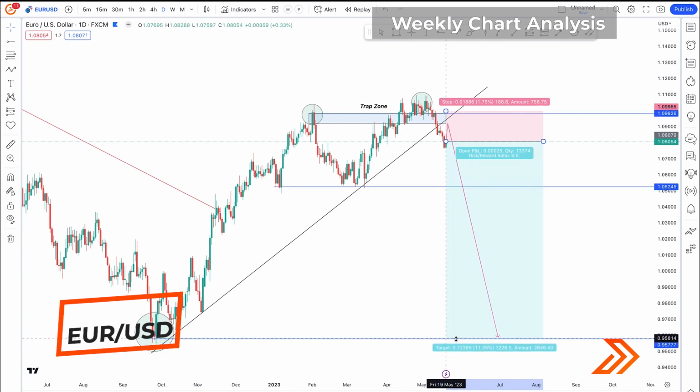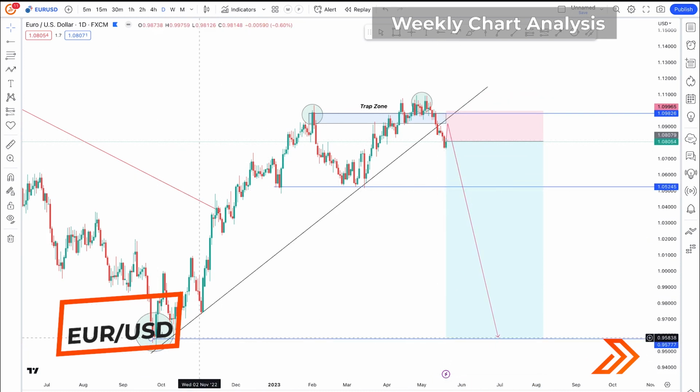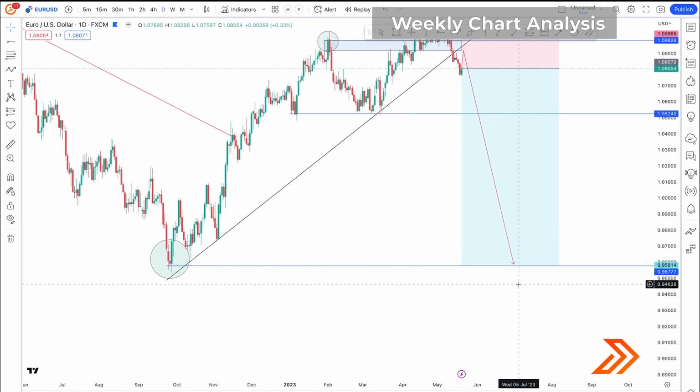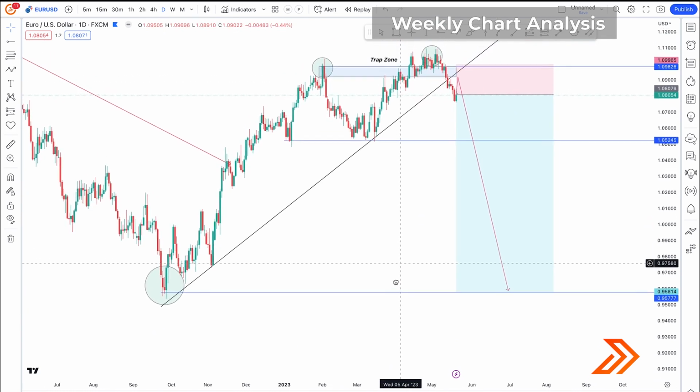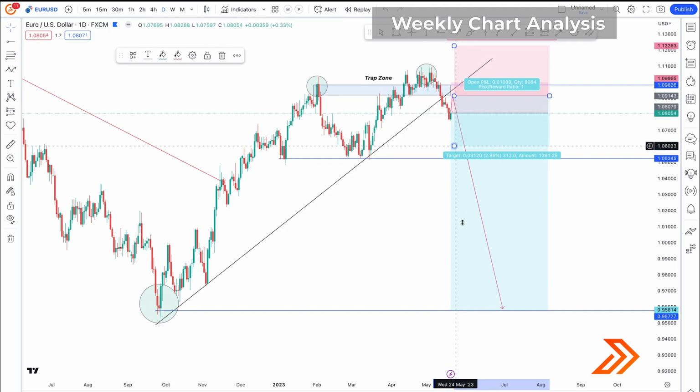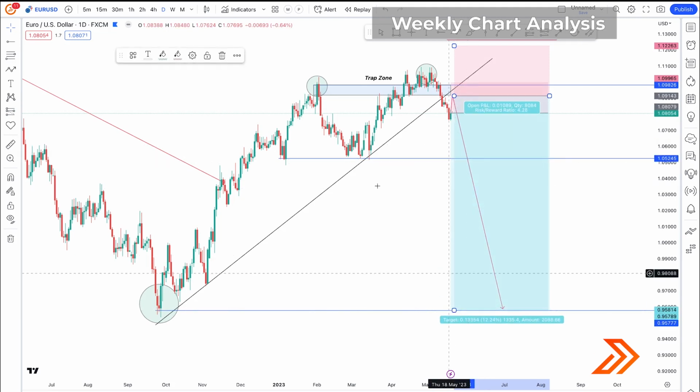And then you could ride this for a very long time, because EUR/USD is coming back down to this low, and then we could even see a break of this low and further bearish movement on EUR/USD. But if you are more of a conservative trader, you could wait for price to get here before placing your orders.